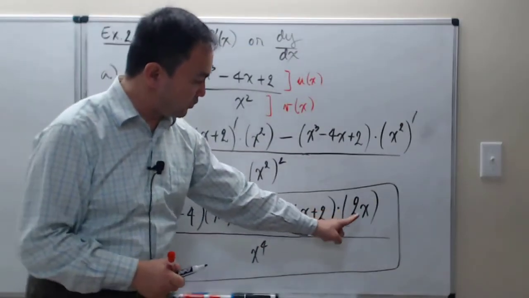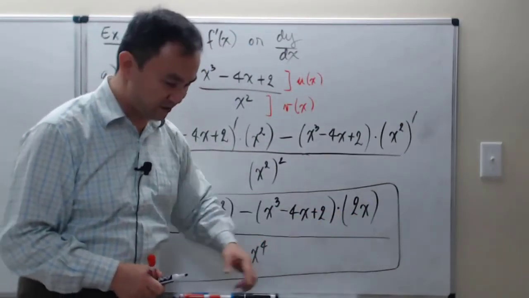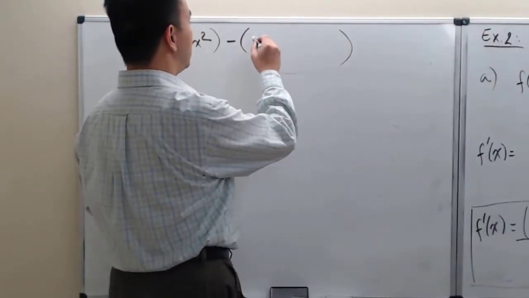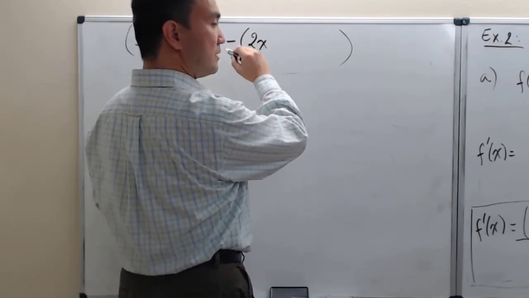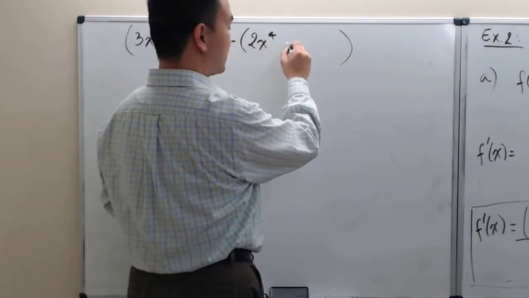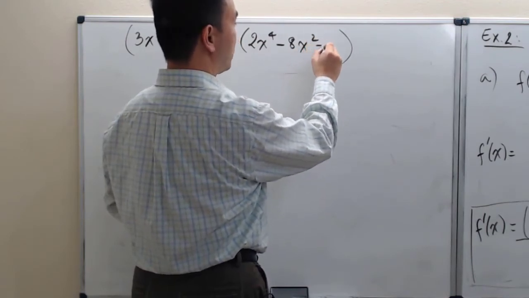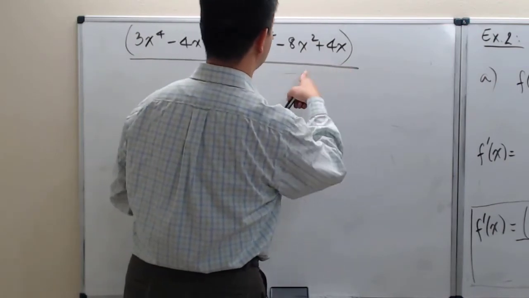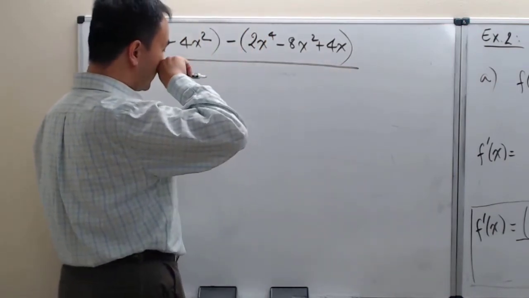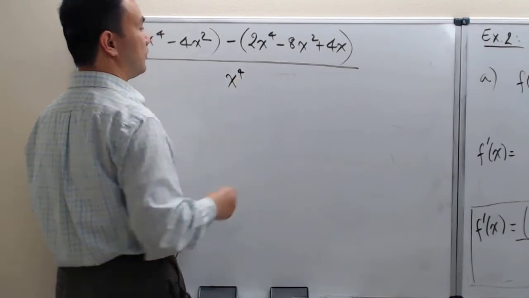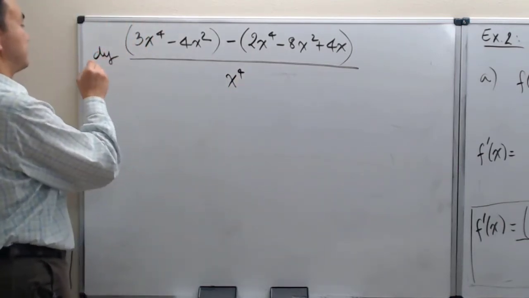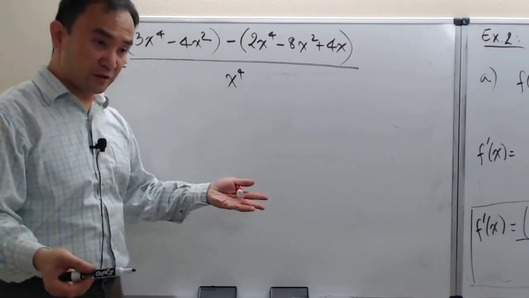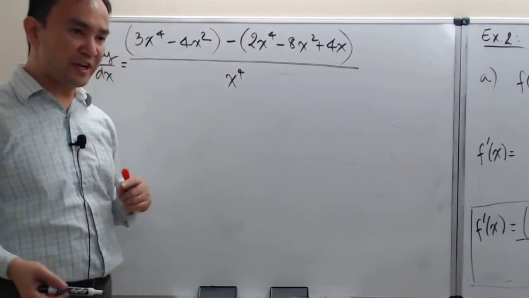Here I am going to distribute that 2x for each term, so now I'm looking at 2x to the 4th minus 8x squared plus 4x. And of course, that entire denominator from the earlier step, easy enough to remember, x to the 4th. So this is our current derivative, developed a little further, getting ready for the simplification work.